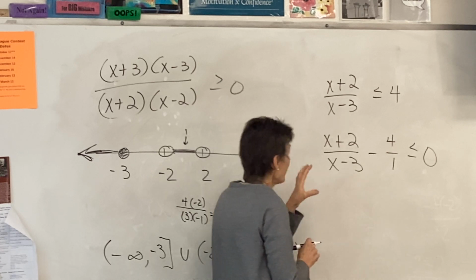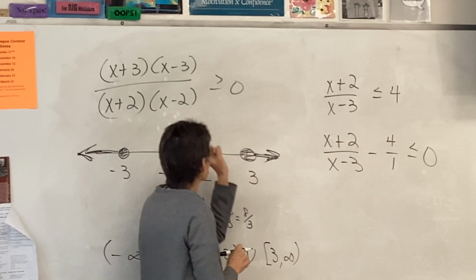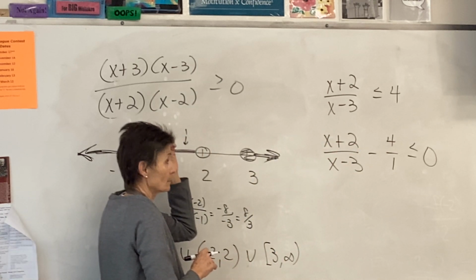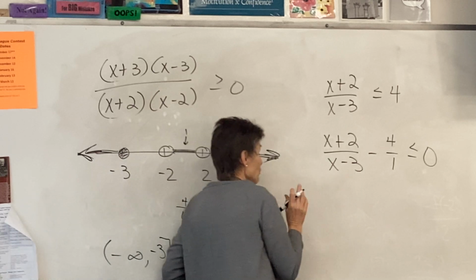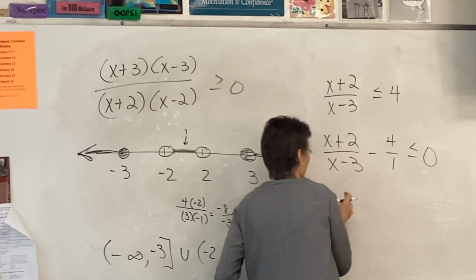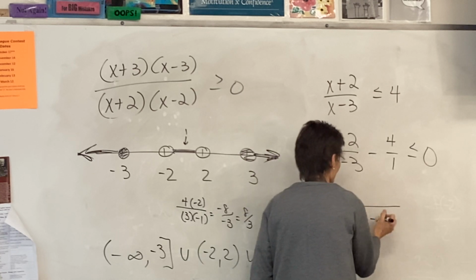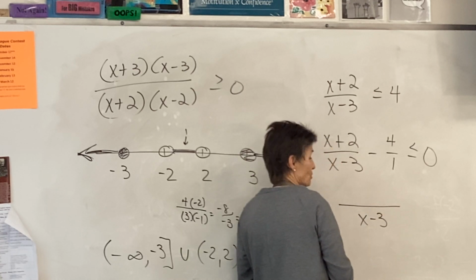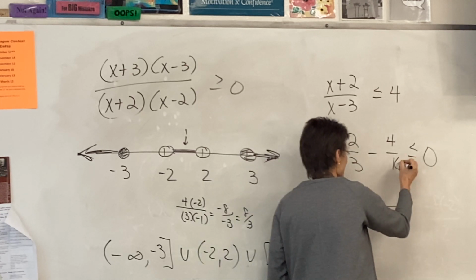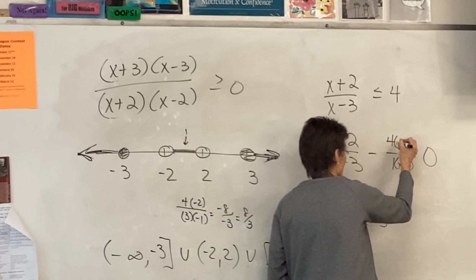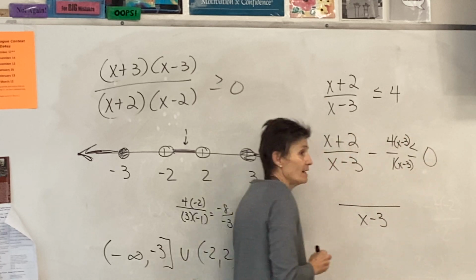Now, I would love for this problem to look like this one. So what I'm going to do is get a common denominator. My denominator of my fraction is going to be x minus 3. This one needs an x minus 3, so I'm going to give it an x minus 3.